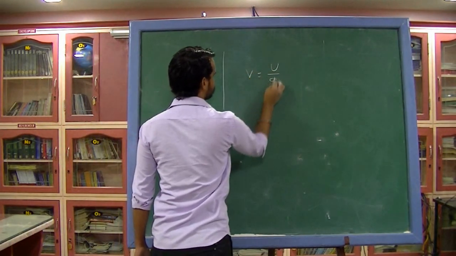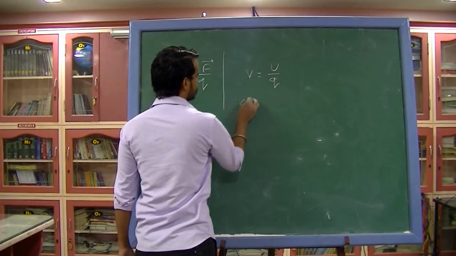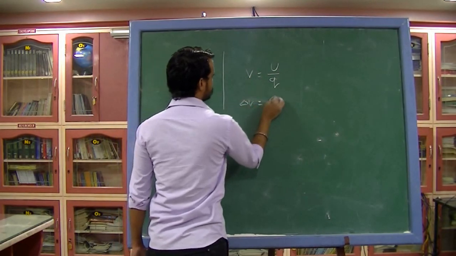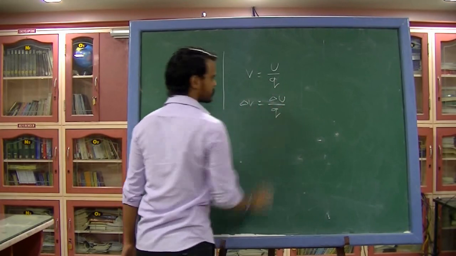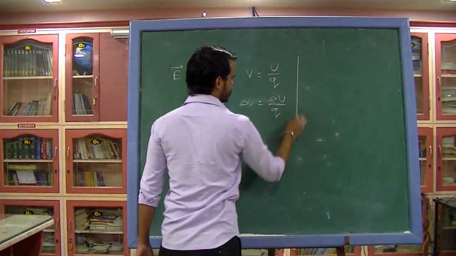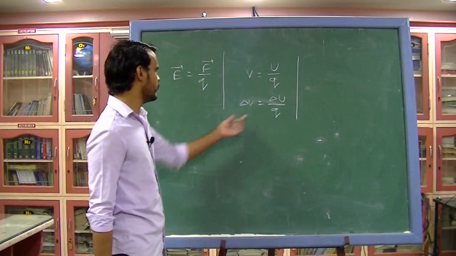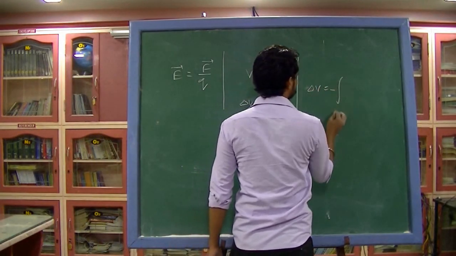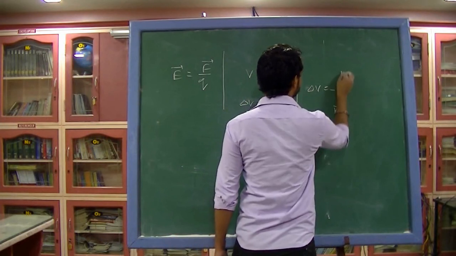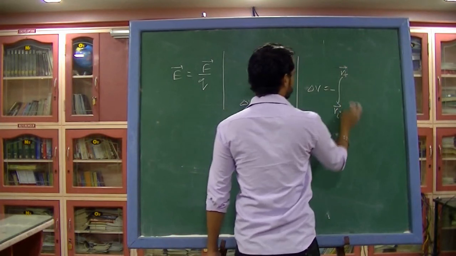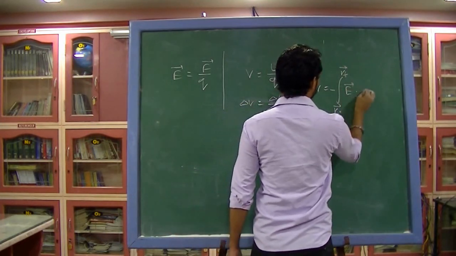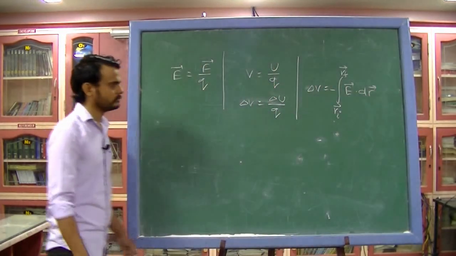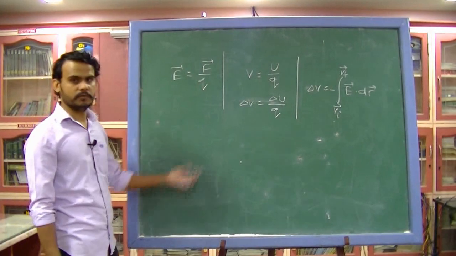V can be written as U by Q, or delta V is equal to delta U by Q. Then we have seen the relationship between electric potential and electric field, which is delta V is equal to minus integration from R initial to R final of E dot dr. So, this is what we have learned today.